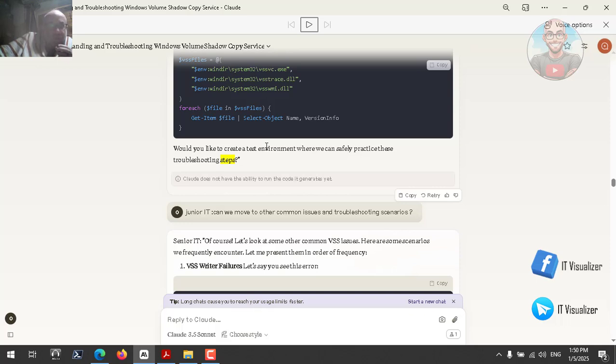Okay, so we will stop at this point, because after that we will go to other common issues and troubleshooting scenarios. But as you can see, the most comprehensive answers come from the Gemini Pro experimental platform, which is 1206, and you can see the answer of Claude. The two are competing.